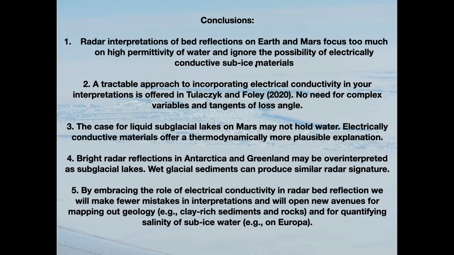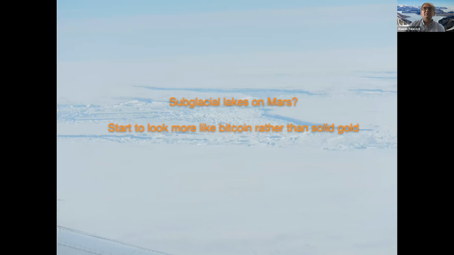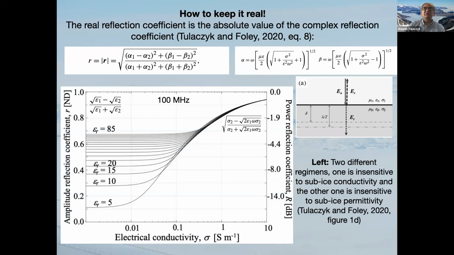Thank you. Yes, I agree with you. I'm trying to get away from the complex reflection coefficient and dielectric constant, because I think it represents a barrier to adoption of a more realistic model for radar reflection as it is used in glaciology and even GPR studies.